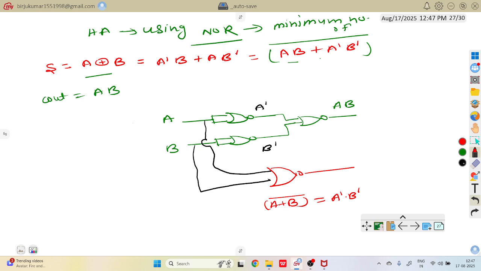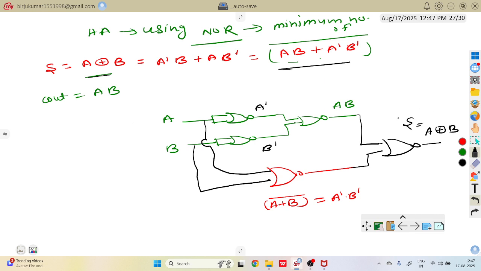And finally connect them with one NOR gate. So finally here we will get AB plus A bar into B bar, whole bar. If you break it, this expression is equivalent to A XOR B. I hope you understand.